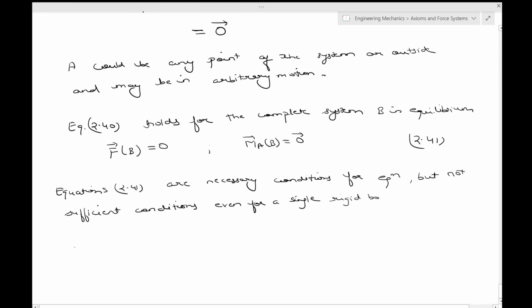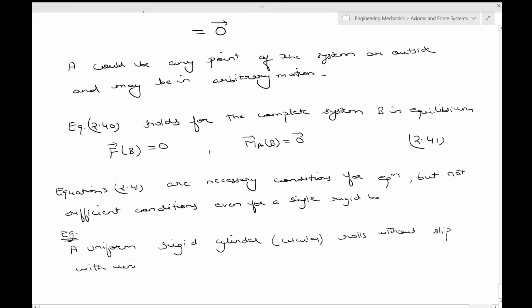So you have a uniform, an example of this, a uniform rigid circular cylinder that rolls without slip with the uniform angular velocity on a horizontal plane.